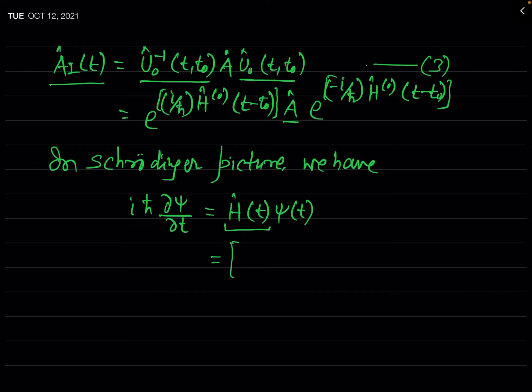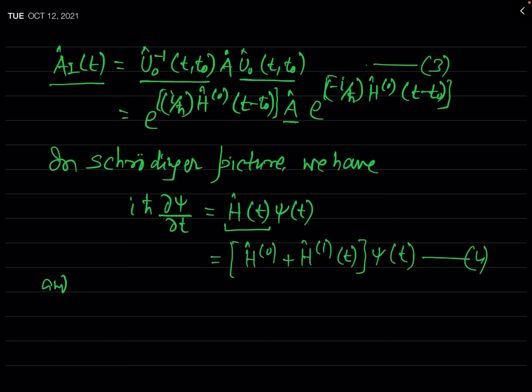Instead of H hat of t we write H hat 0 plus H hat 1 of t, acting on psi of t, and say this is your equation number 4.